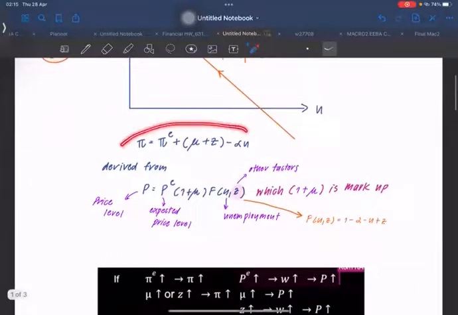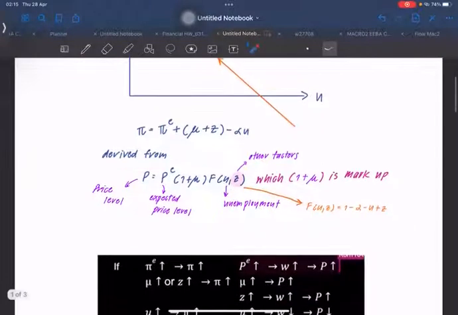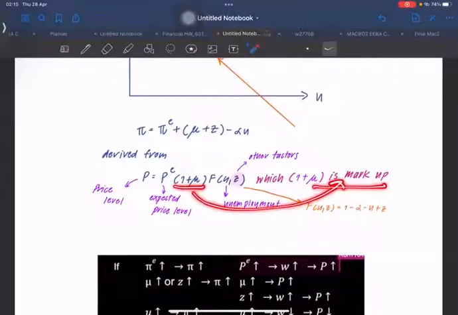And this is the formula of the Phillips curve in the short run, which is inflation equals expected inflation plus mu plus z minus alpha u, which is derived from price level equals expected price level multiplied by the markup, which is 1 plus mu, multiplied by a function of unemployment and other factors affecting wage setting.